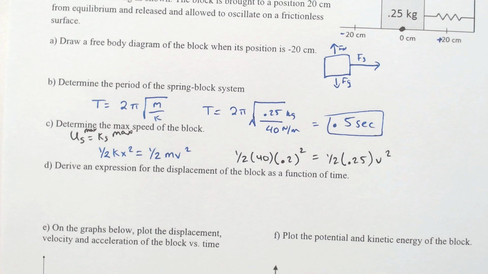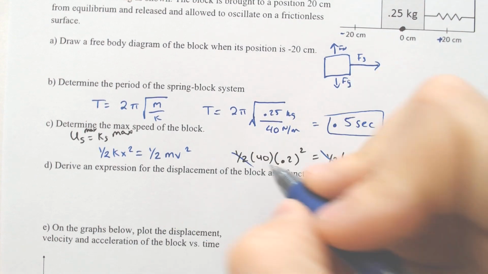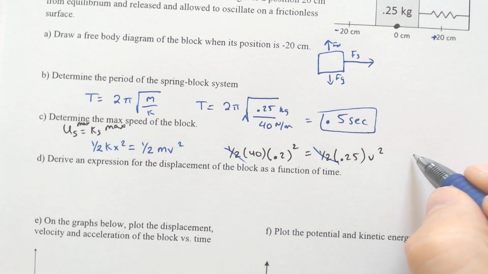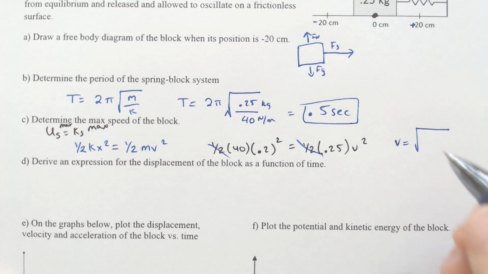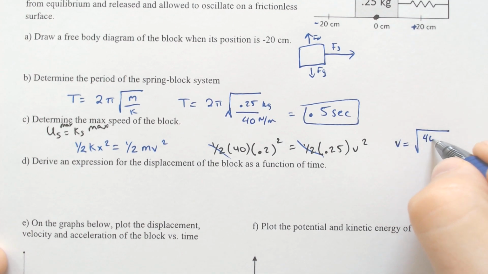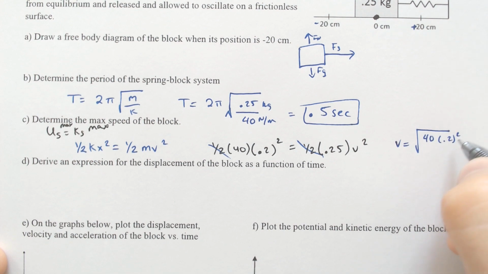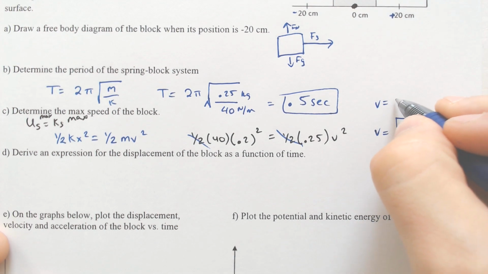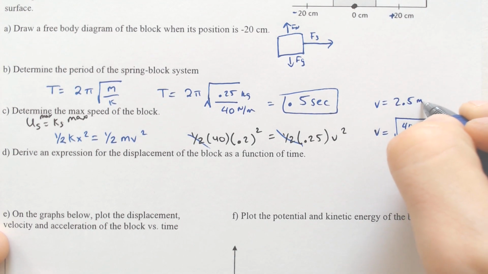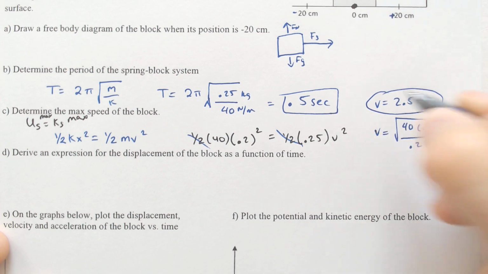You can divide by 1/2, and they cancel out. You can divide by 0.25, and you get v will equal the square root of 40 times 0.2 squared divided by 0.25. And when we do that calculation, you get a velocity of 2.5 meters per second.